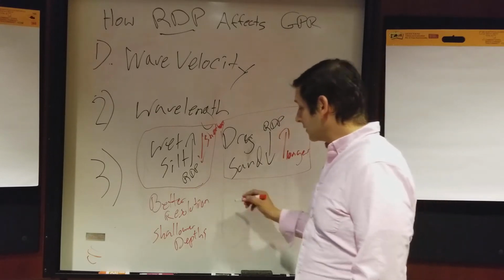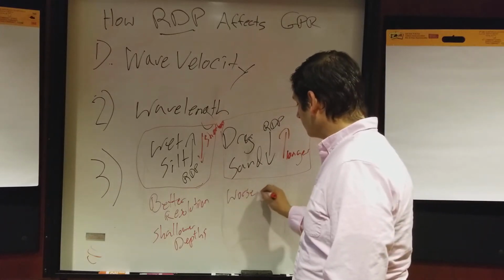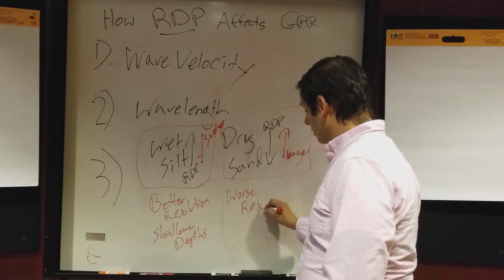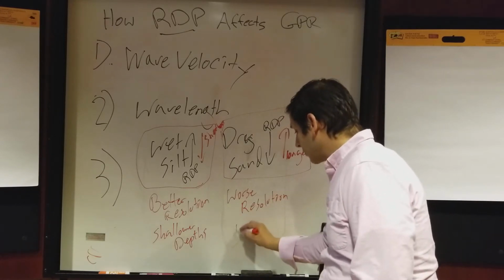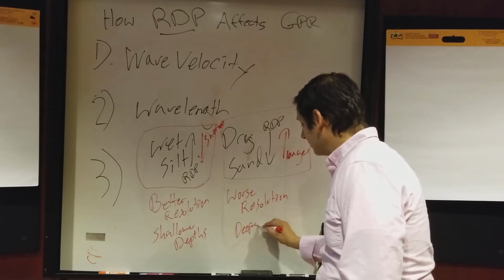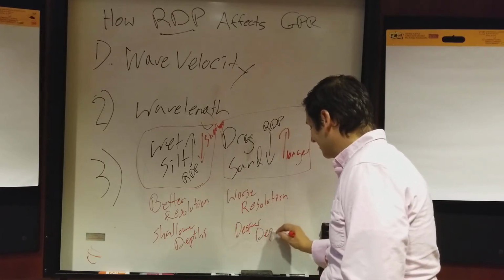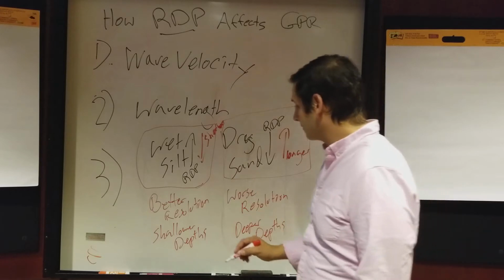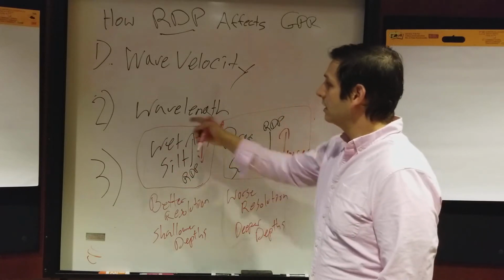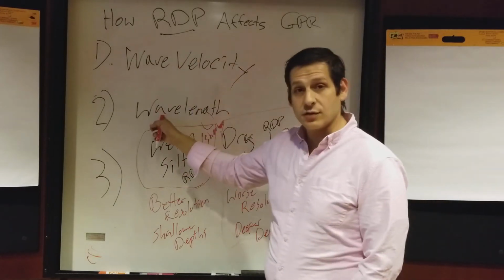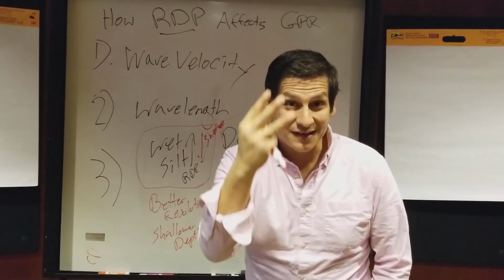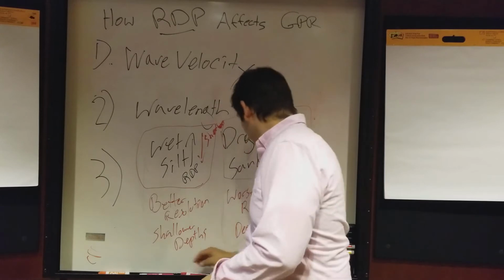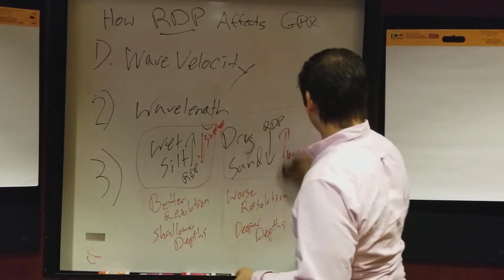So with a longer wavelength, it's going to have worse resolution, and it's going to be able to prospect to deeper depths. So that's a second issue with RDP. RDP is going to influence wavelength. There is a third thing that RDP is going to influence. So what's that third thing?